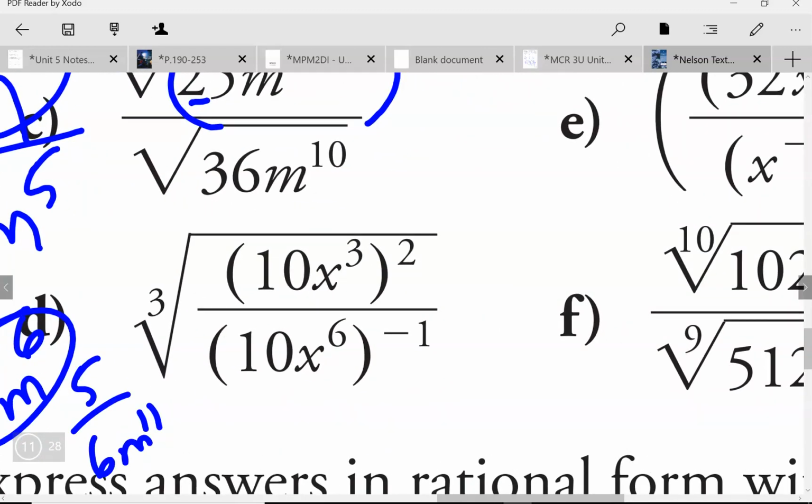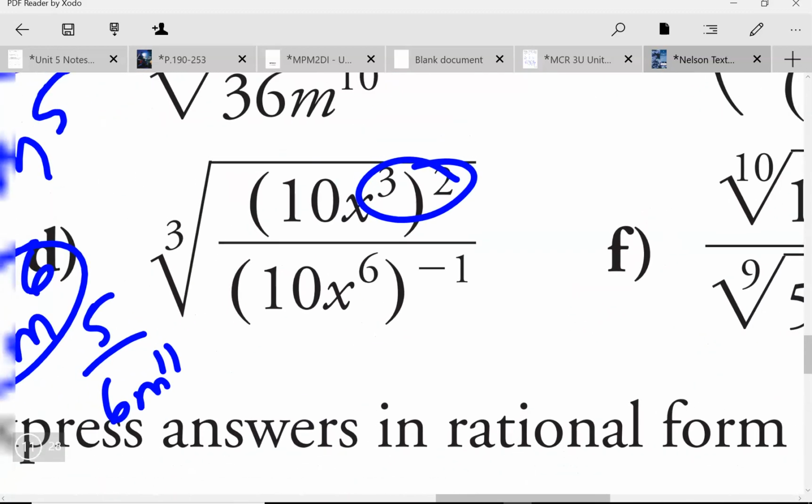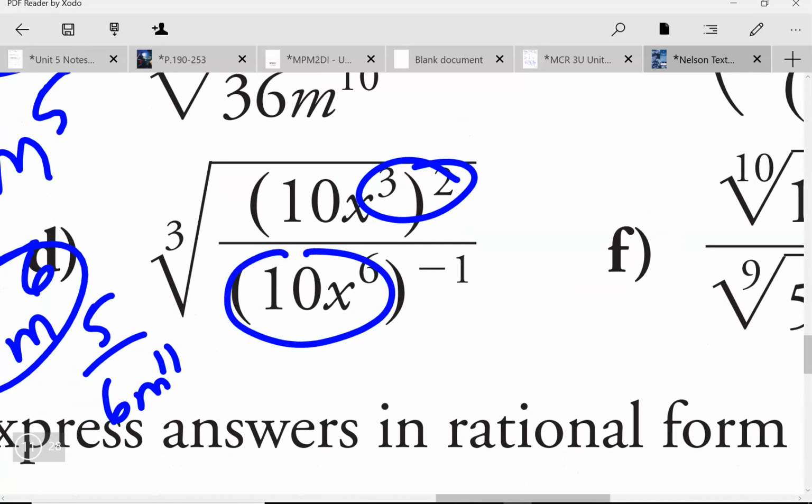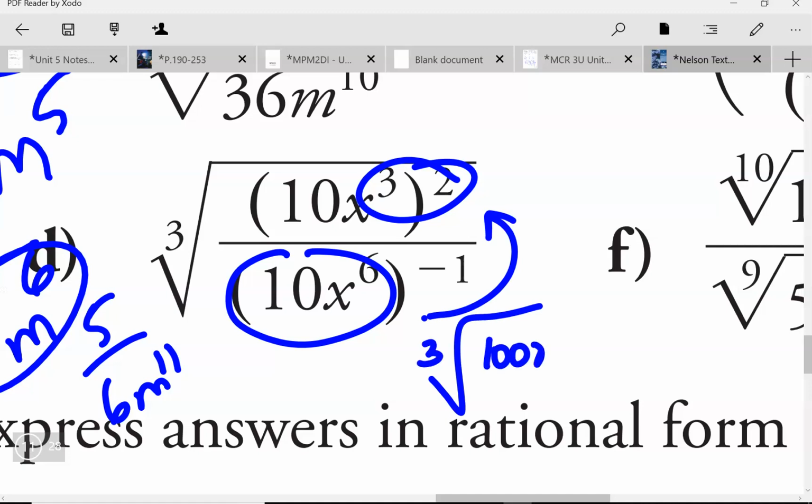Again, we're using 100 x to the 6 divided, here I can move this entire thing to the numerator because it has a negative exponent in total. So this is just cube root of 100 x to the 6 times 10x to the 6, like this entire thing.